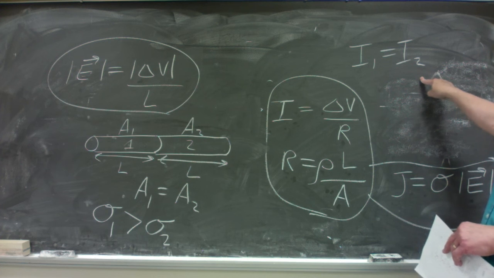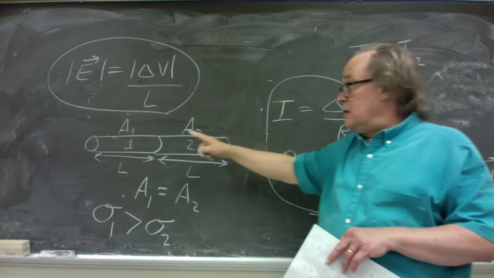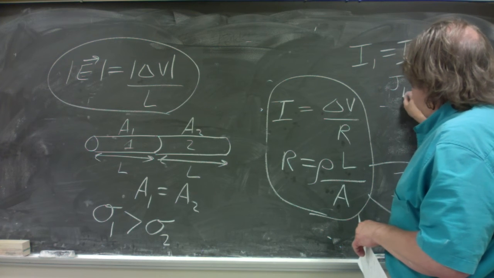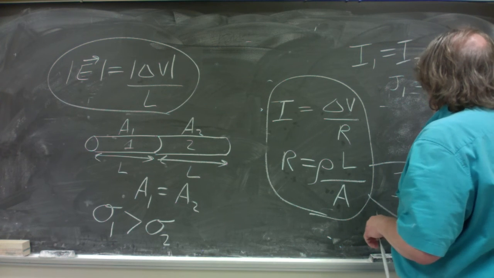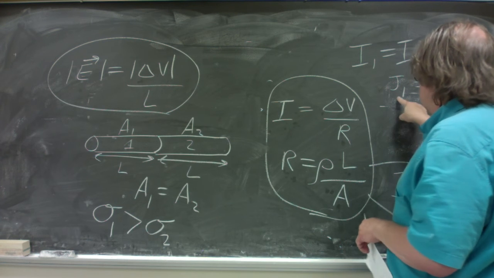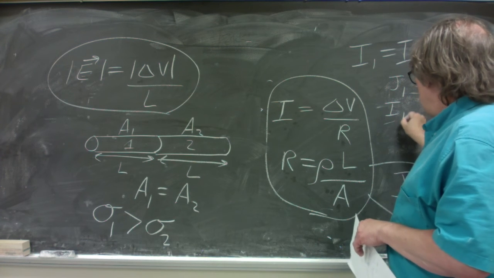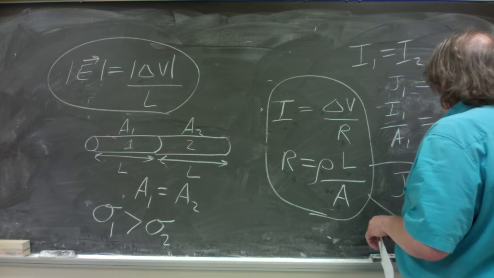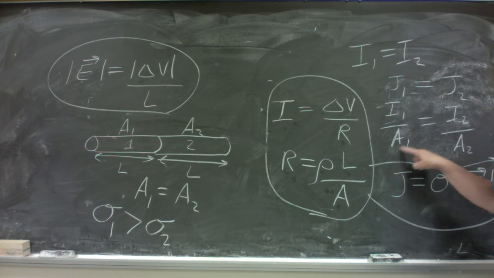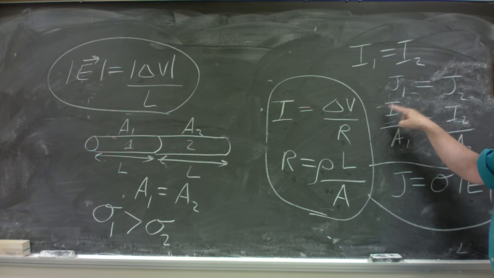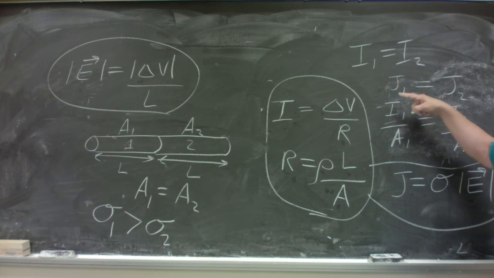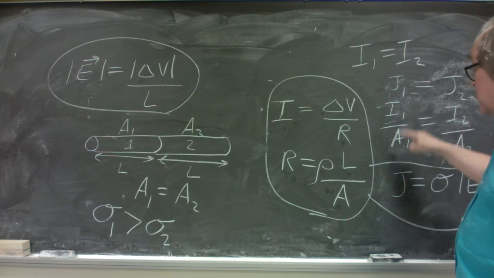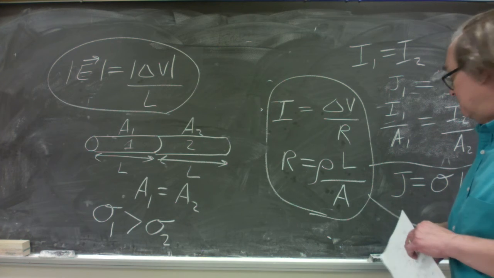Well, these are the same, and the cross-sectional areas are the same, so the J currents are also the same, because J current is just current over area, and A1 is equal to A2, and I1 is equal to I2. So I1 over A1 equals current 2 over area 2. The J currents are the same.